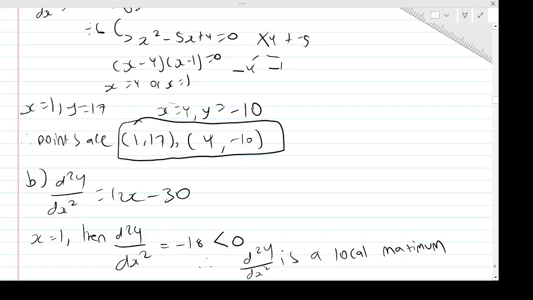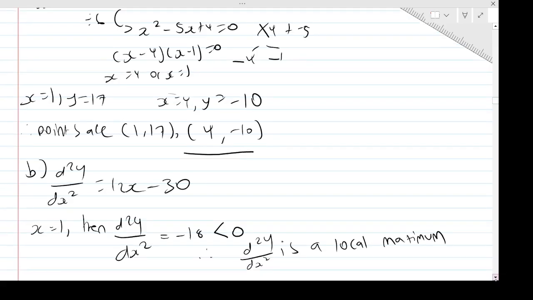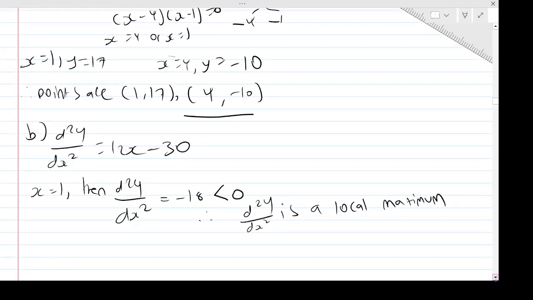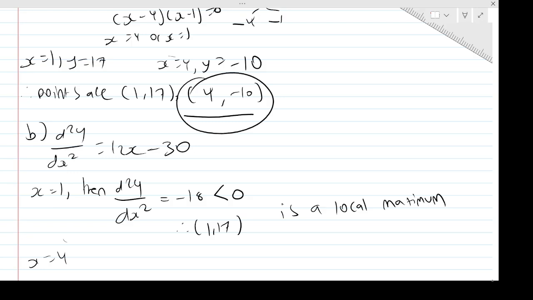Okay, then we also need to classify this second point here, 4, minus 10. Oh, no, sorry, not the derivative. The point 1, 17 is a local maximum, my apologies. Then x is 4 for this second stationary point.